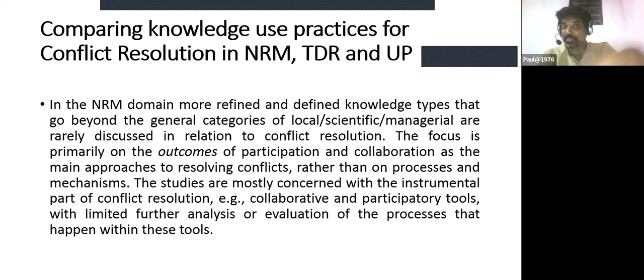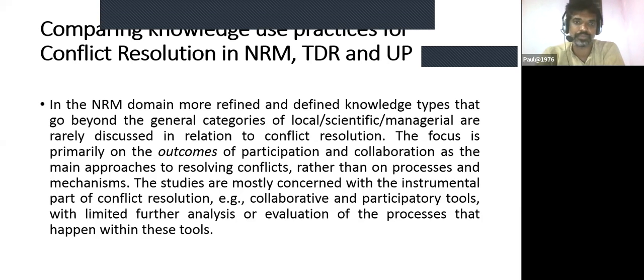The focus is primarily on the outcome of participation and collaboration as the main approaches to resolving conflicts rather than on process and mechanisms. It's very important. The studies are mostly concerned with the instrumental part of conflict resolution, for example collaborative and participatory tools, with limited further analysis or evaluation of the process that happens within these tools.